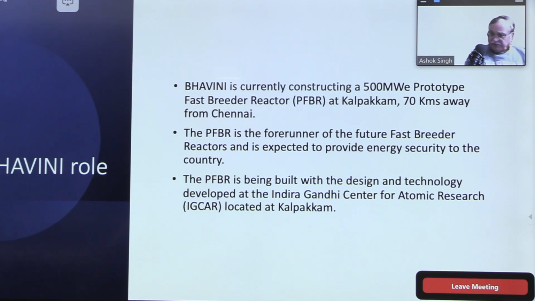The fast breeder test reactor had also been tested at this IGCAR, that original test reactor. The data of the test reactor is being used in the PFBR. But the test reactor had very small capacity, 40 megawatts. This is 500 megawatts of electricity.